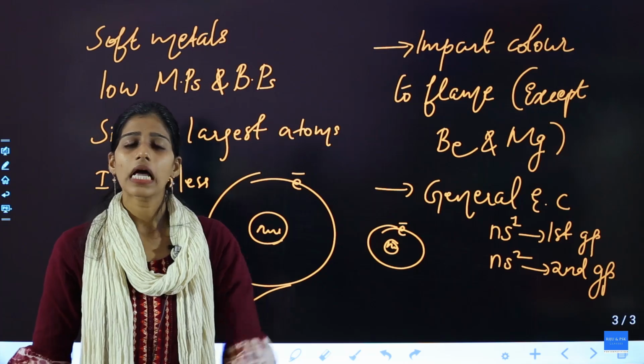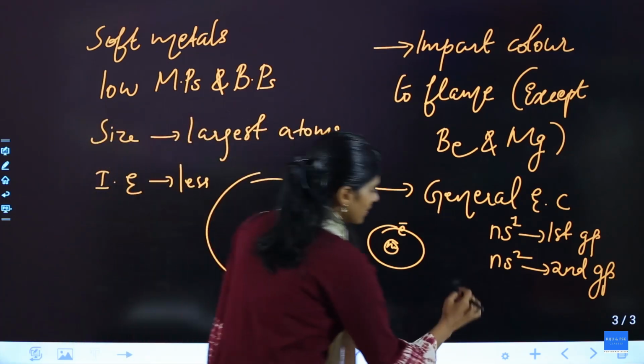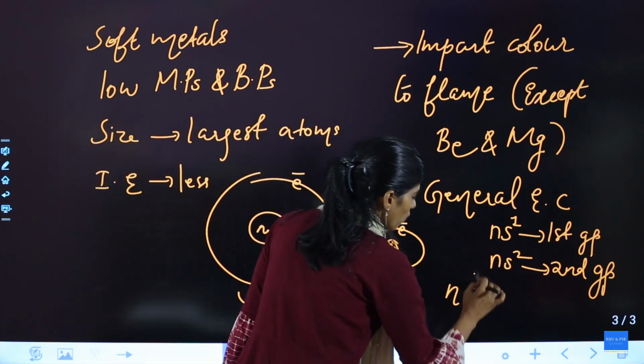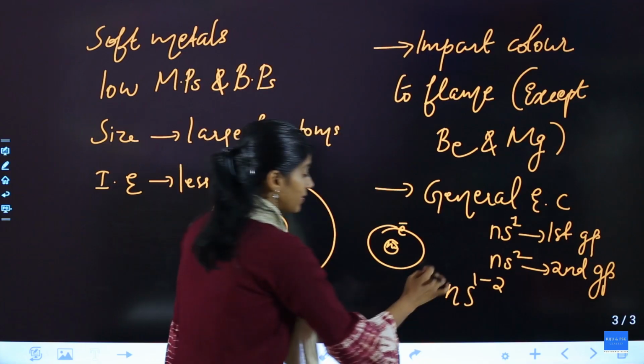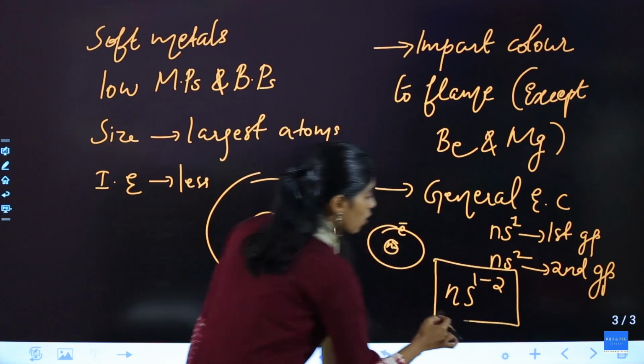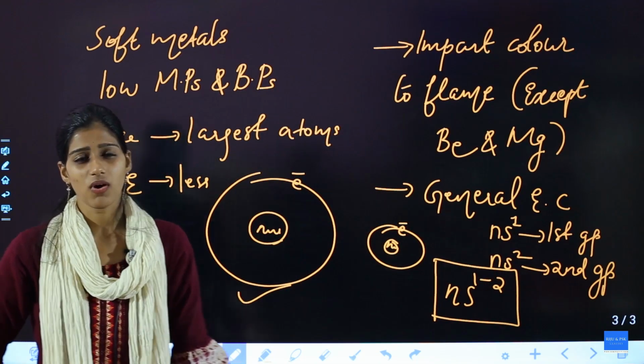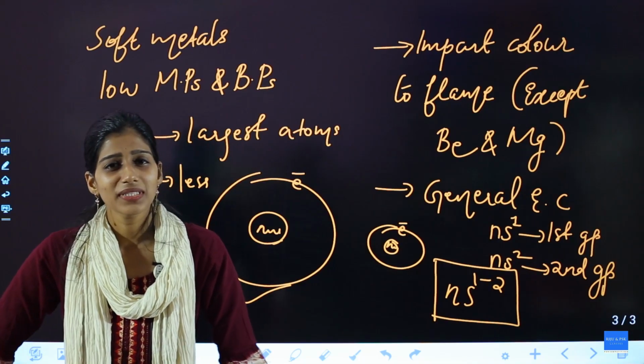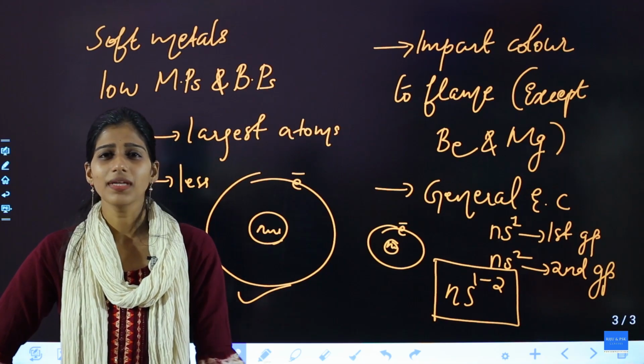So, in general, you can write ns1 to 2 as the general electronic configuration of an s block element. Okay. So, this is about the s block elements.